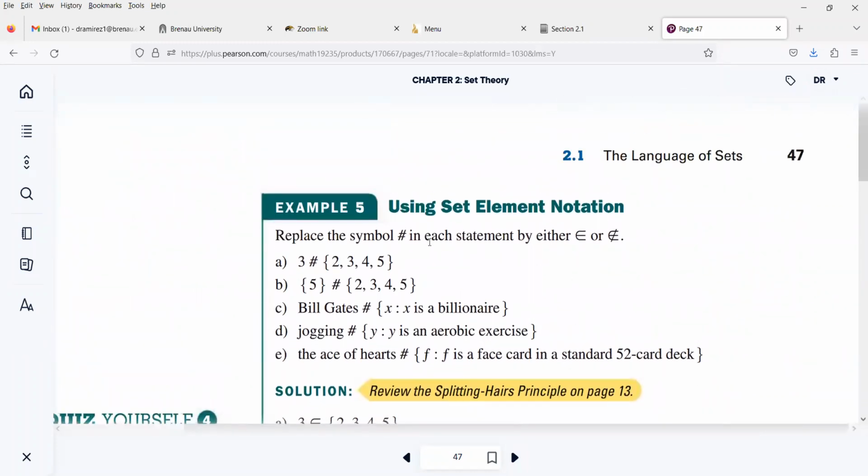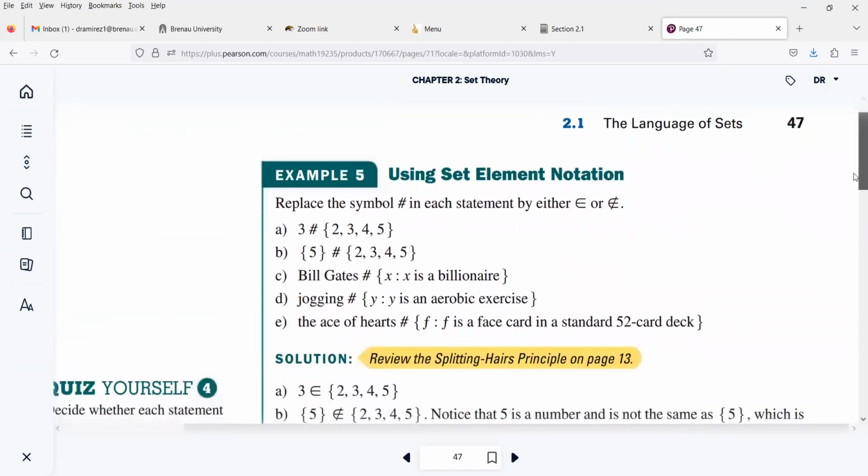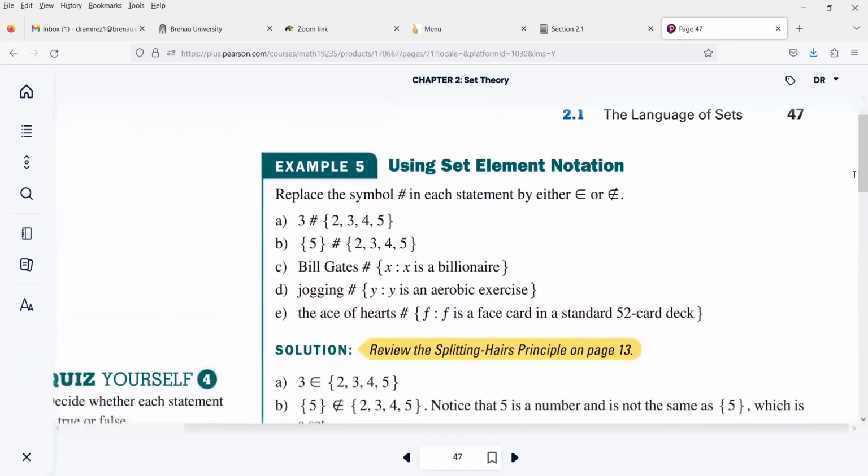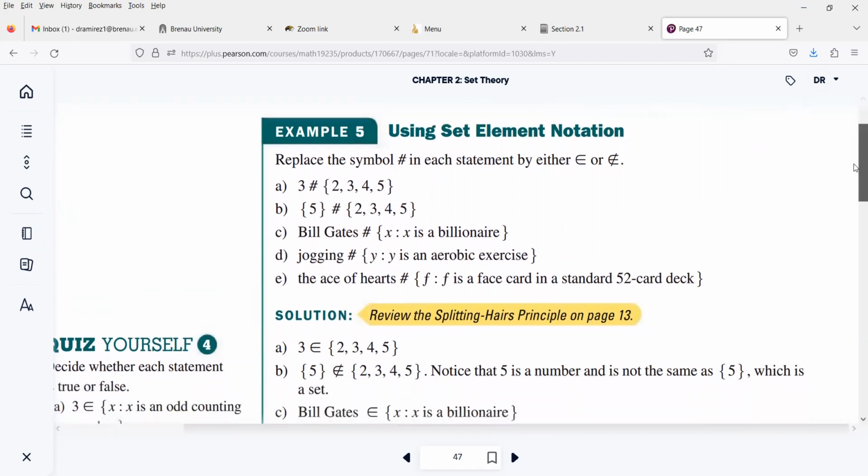So they're asking us to replace the symbol in each element by either is an element of or is not an element of. So in A, 3 is going to be an element of this set. In B, the set containing 5 is not an element of the set 2, 3, 4, 5, because 5 is a number and is not the same as the set containing 5, which is a set.